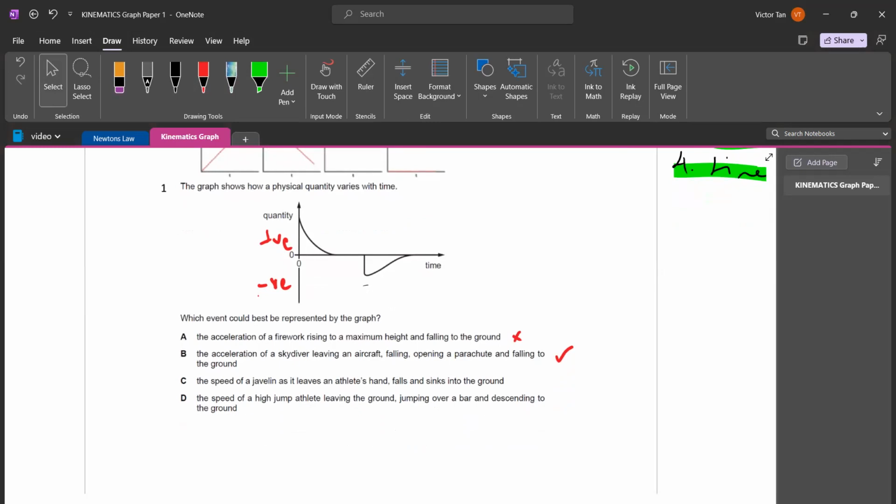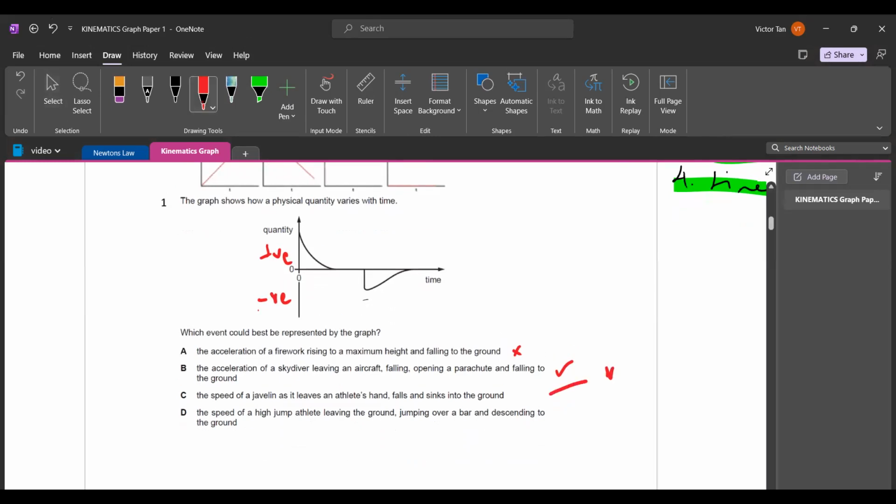In this question, you have to understand the components of vector and scalar. Speed is a scalar quantity, and in a graph, a scalar quantity is always positive. Here the graph goes positive and negative, so this is not possible. It's only positive speed.